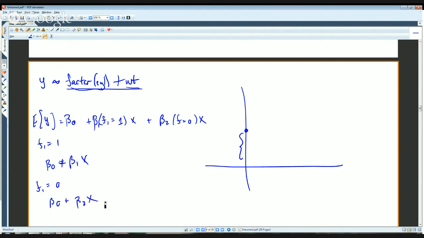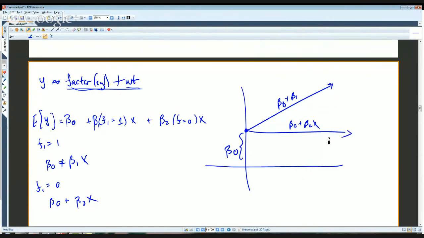So what you've done is you've fit a model that has an intercept, beta naught, and it has two lines, but they come out of the same intercept, right? So this one is beta naught plus beta 1x, and this one's beta naught plus beta 2x, okay? And that's totally fine, right?